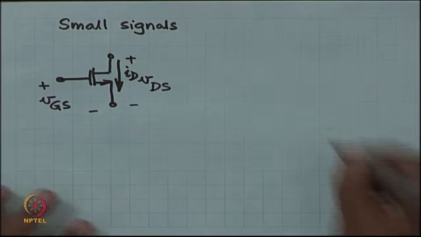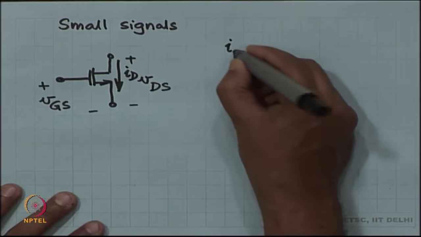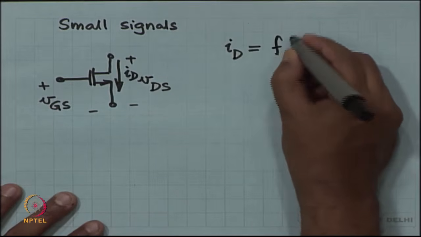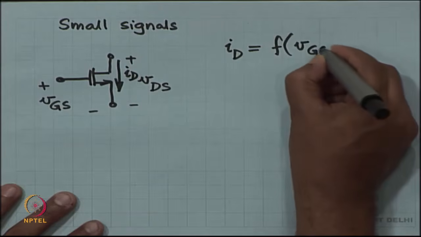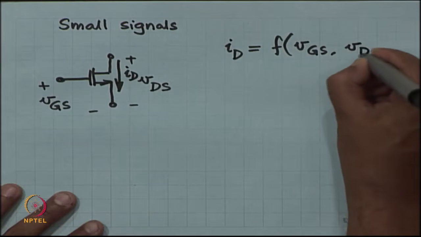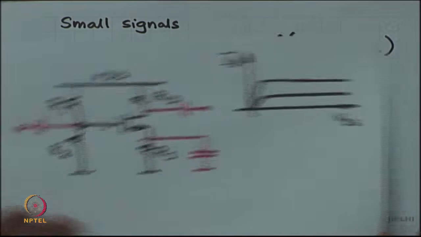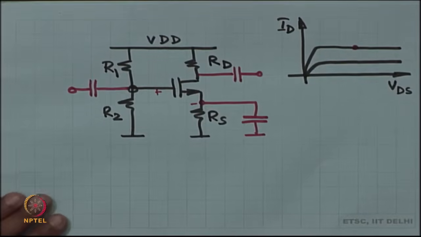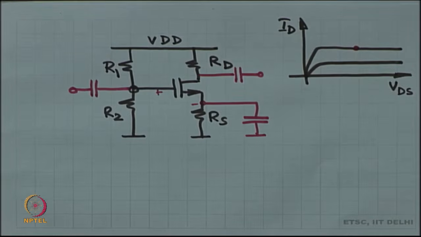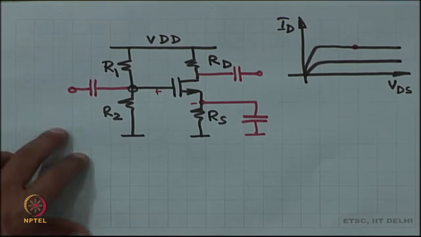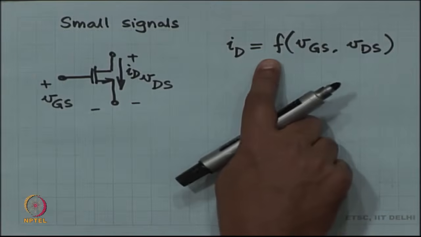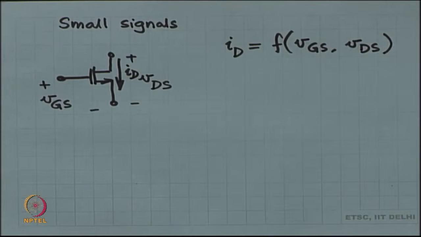where ID is some function of VGS and VDS, and really I do not care what that function is. The characteristics of the MOSFET is rather difficult. Some people think that it is flat over here, it need not be flat. A lot of PhDs are being awarded just to figure out what this function f is.